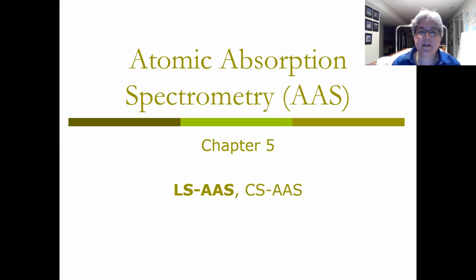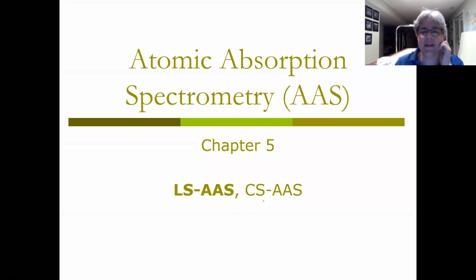Okay, now this spectrometry tells you that this method is a quantitative method. It's going to answer the question, how much? And there's actually two types of this. You can see that here, the LS-AAS and CS-AAS. So what do you think the LS and CS stand for?